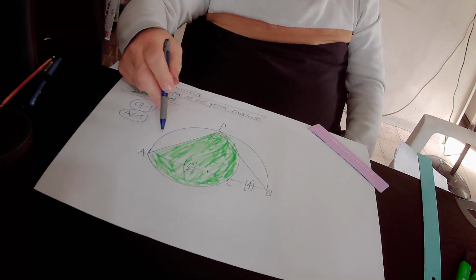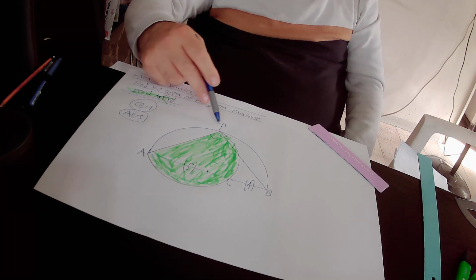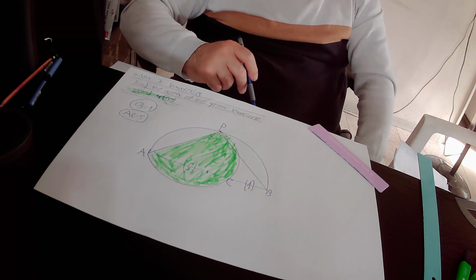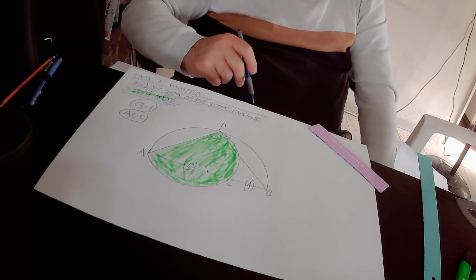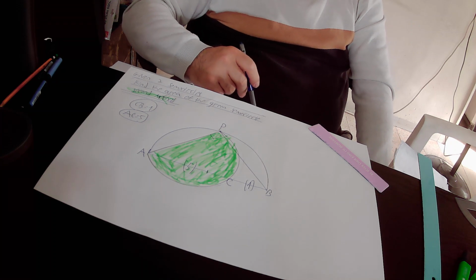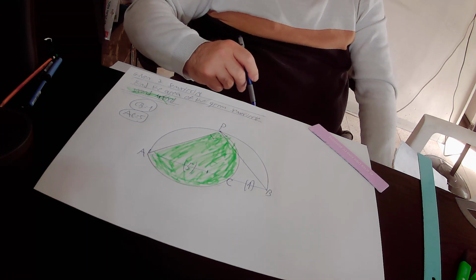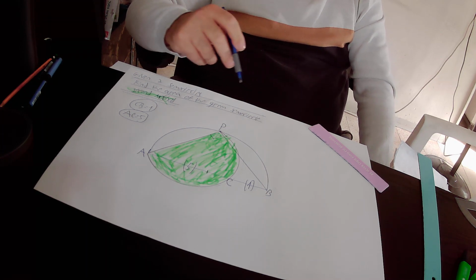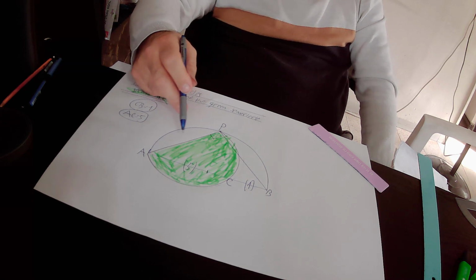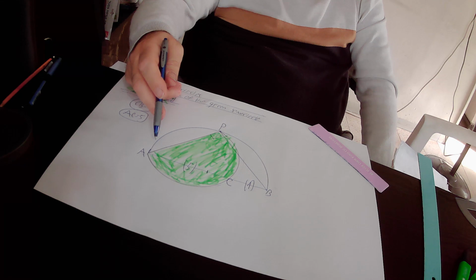But PA is the diameter of this green semicircle, and we know that the center of any circle is located on the diameter of the circle. AP is the diameter, so the center of the green circle must be located on AP.